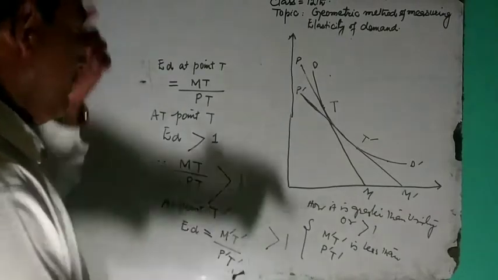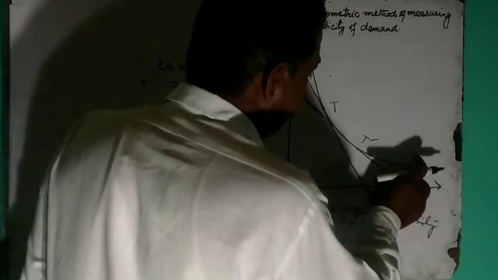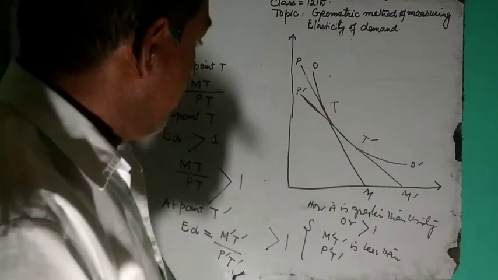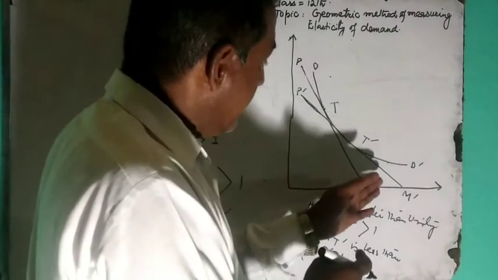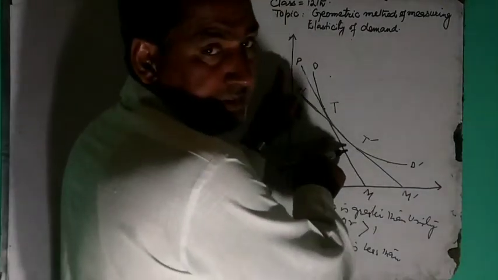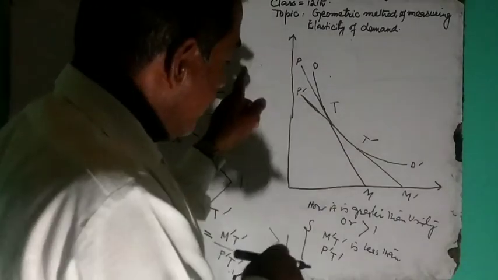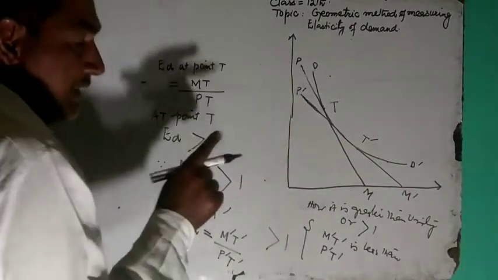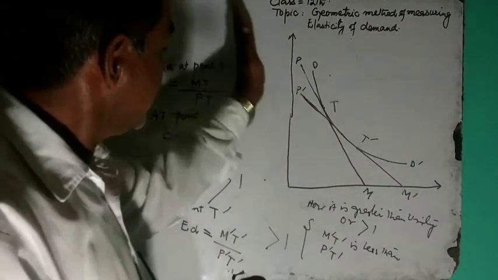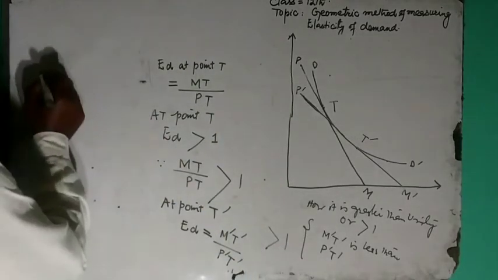So we can measure elasticity of demand at any point by drawing different tangents. Accordingly, we see how we measure elasticity of demand when it is a normal demand curve, not a straight line demand curve like in our previous class.